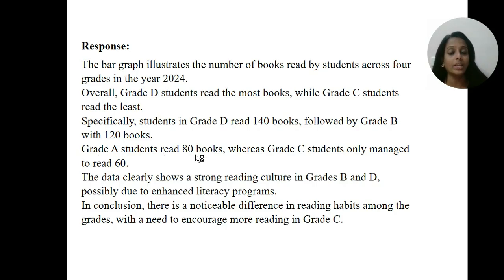Grade A students read 80 books, whereas grade C students only managed to read 60. The data clearly shows a strong reading culture in grades B and D, possibly due to enhanced literacy programs. In conclusion, there is a noticeable difference in reading habits among the grades, with a need to encourage more reading in grade C.